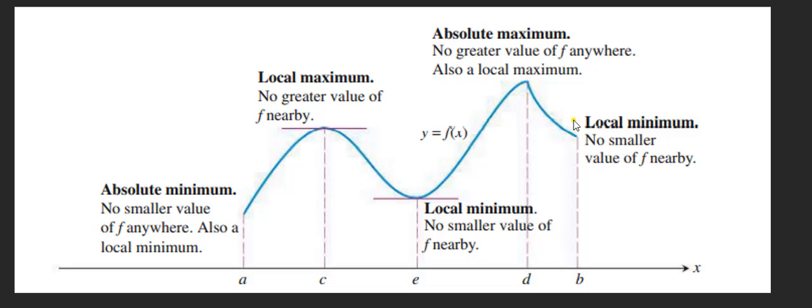Now, what about over here at the endpoint? Well, we know that that's not the absolute maximum nor the absolute minimum. However, around that neighborhood, that has the lowest y value, so we call that a local minimum. Again, local minimum and local maximum have to do with the y values.